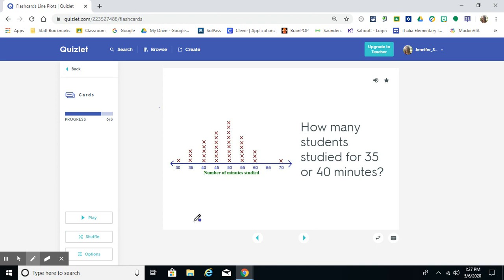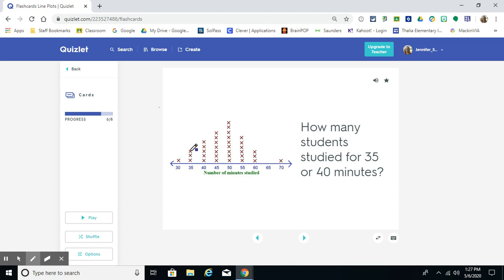This question is different than the other ones that we've seen so far. How many students studied for 35 or 40 minutes? You try. First, I'm looking at 35 minutes.